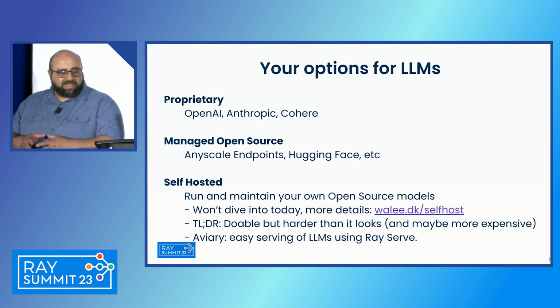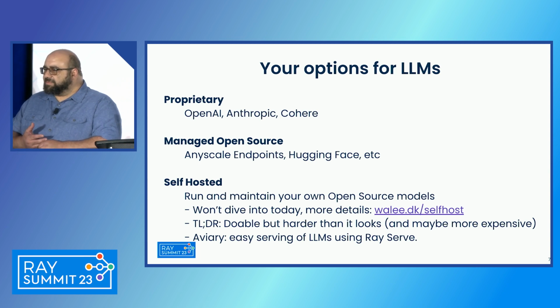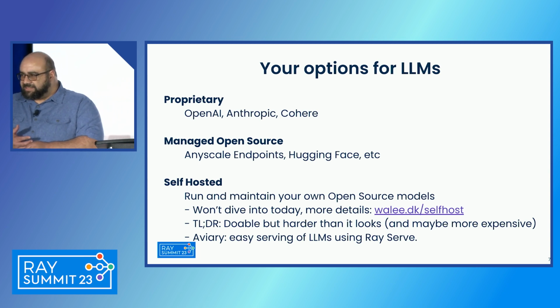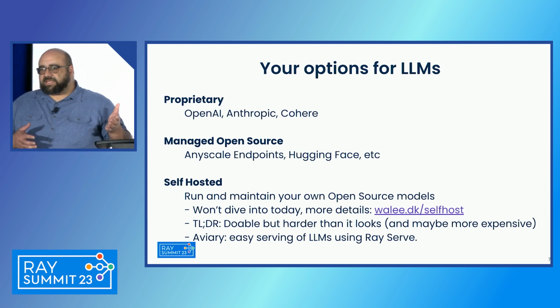I've talked about this at other places, and you can follow that link to see what I say. But the TLDR is it's doable, but probably more complicated than you think, and probably less cost effective than you think. When you're doing a managed open source offering, we get to aggregate across all of our customers, so we can offer it at a cheaper price.